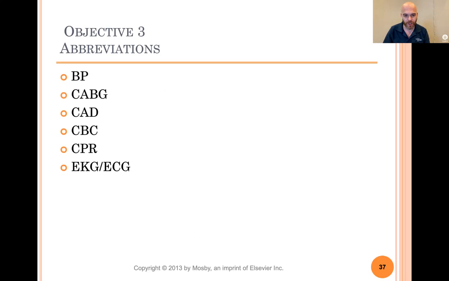EKG or ECG, they both mean the same thing. And don't let that K confuse you, because that K is actually not even in the word. I don't know where they got that from, but it's electrocardiogram. HF means heart failure. IV is intravenous, like an IV line. MI means myocardial infarction or heart attack.